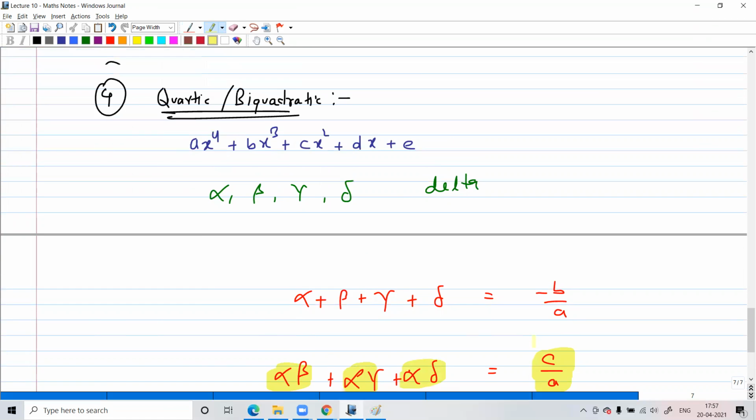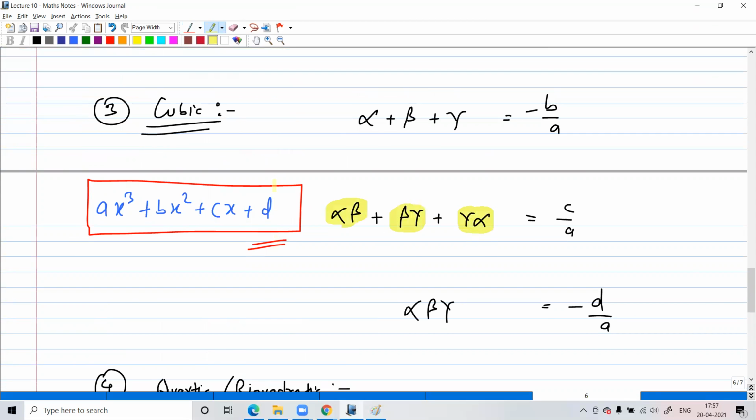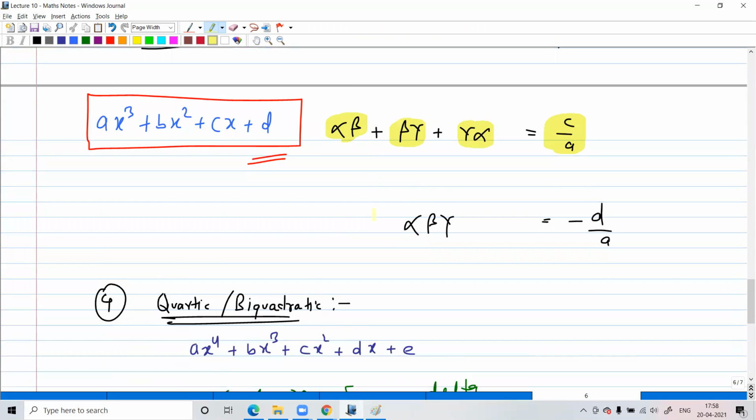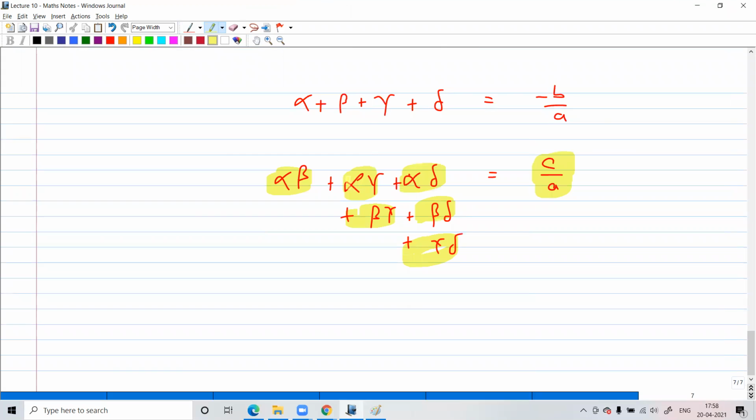But in case of cubic, only three pairs will be there: alpha beta, beta gamma, and gamma alpha. That is why C by A is the sum of the product of zeros taken two at a time. So is everyone following the pattern now? Do you understand what's happening here?